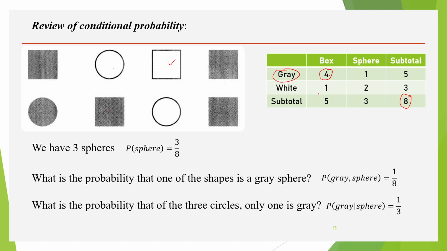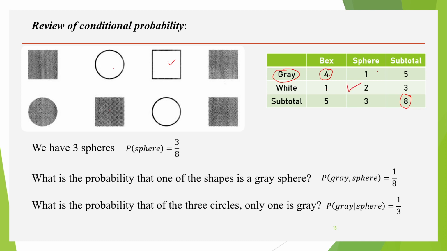So we have the prior knowledge. But if I turn the lights off, it's dark, so you cannot see the color, right? Then you conduct the experiment, just grab one, and you feel that this is a square. If somebody asks what is the probability that this square is gray, we can easily compute it using the prior knowledge.